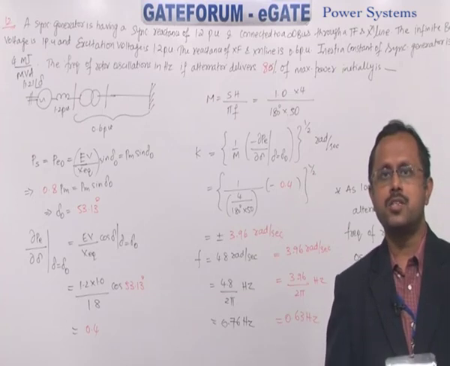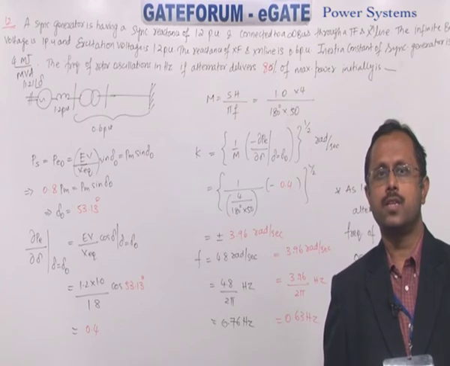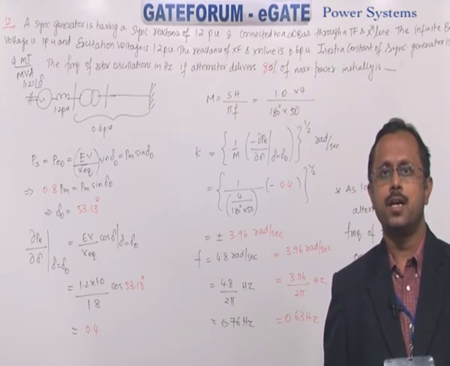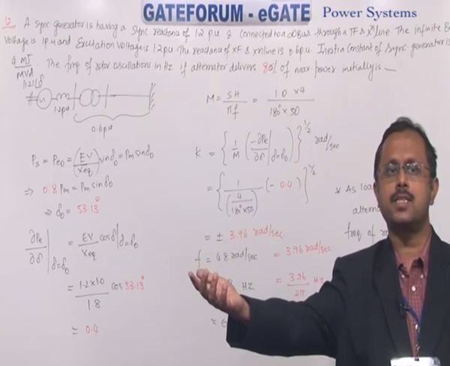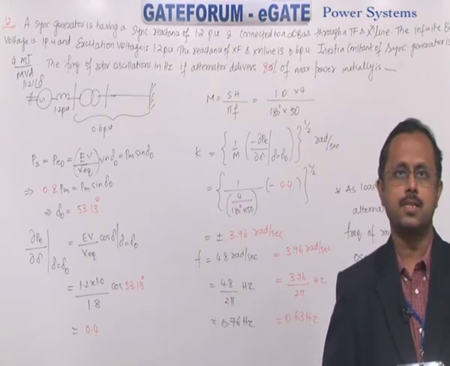So whatever may be the change in the load demand, the position of stator axis with respect to reference axis remains unchanged. Therefore, you consider stator axis as the reference axis.